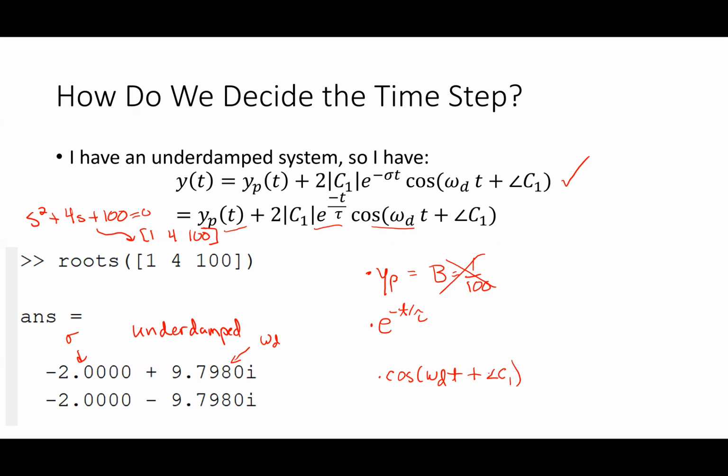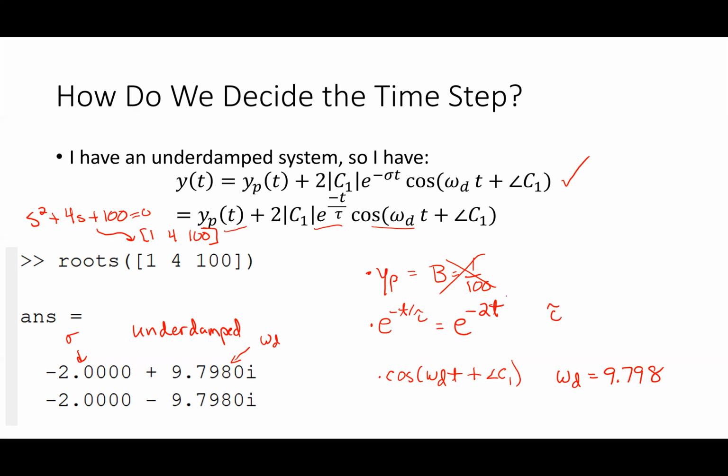One thing I want to look at is what my omega d is. My omega d is this 9.798 value. Now the tau, because it's e to the negative sigma t, I have e to the negative 2t. The real part of my roots was -2, so I have e to the negative 2t.